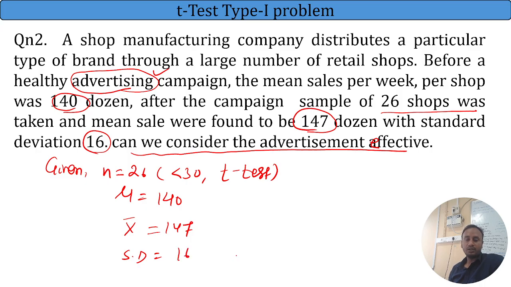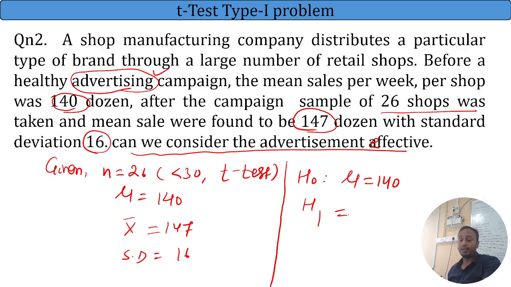16. So what will be the null hypothesis? Can anyone tell? H naught will be mu is equal to 140. And then what will be the alternative hypothesis? Can anyone tell? Just think about that.